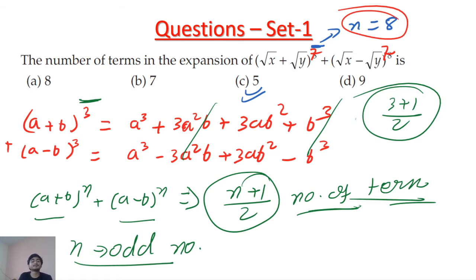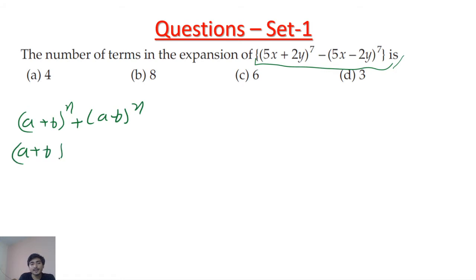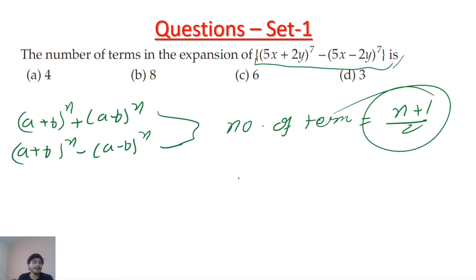So if you have (a plus b) to the power n plus or minus (a minus b) to the power n, in both the cases the number of terms will be the same, that is equal to (n plus 1) by 2, because 4 will be cancelling in positive, 4 will be cancelling in negative.